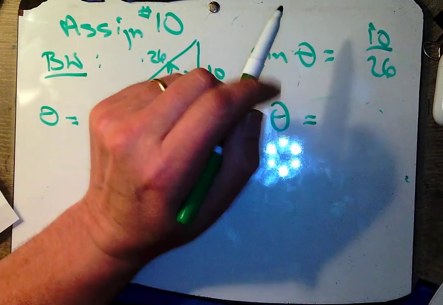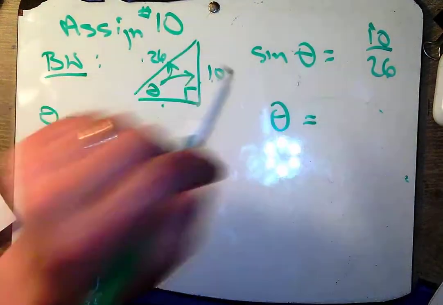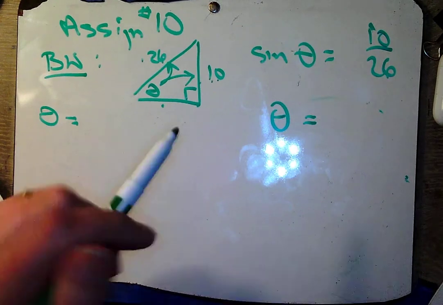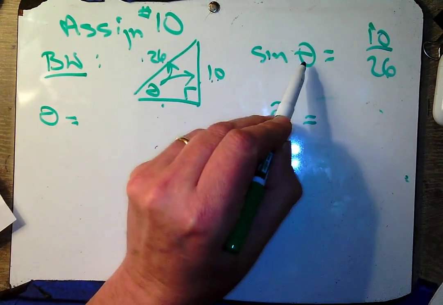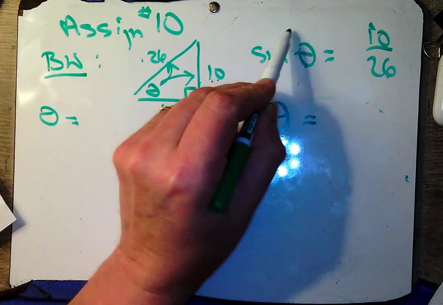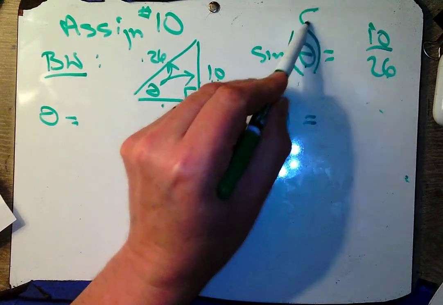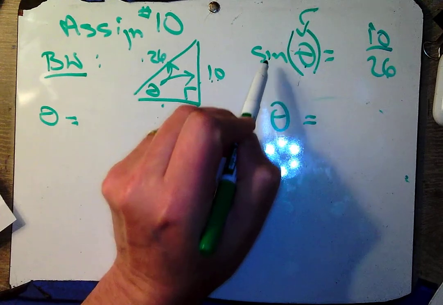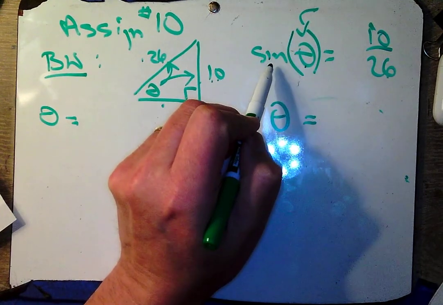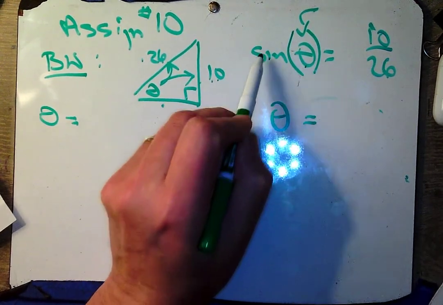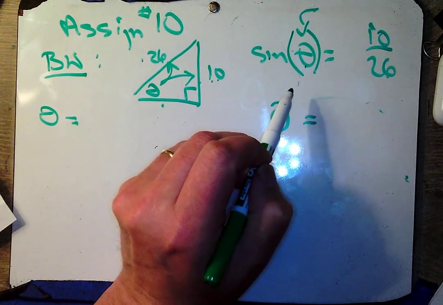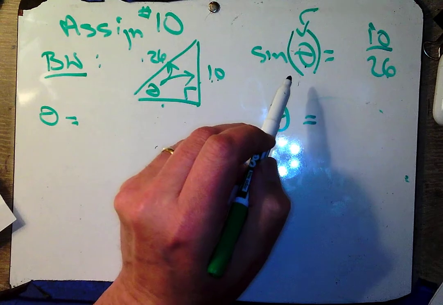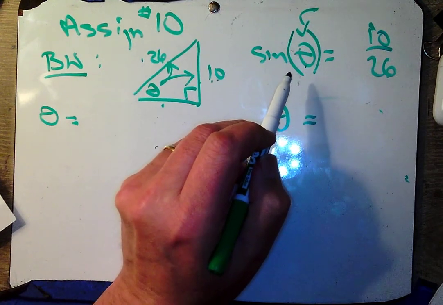Now, next part is very important. You might want to highlight this, certainly draw a circle around it, put some stars. This is not sin times theta. Theta is the thing inside the sine function. So when I want to get rid of sine and have theta by itself, I'm not going to divide both sides by sin.